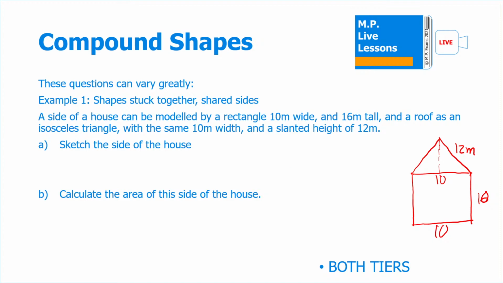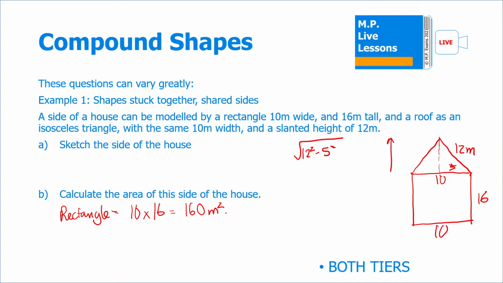So the area of this rectangle is easy. So that's just 10 times 16, the length times the width, that's 160 square meters. But for the triangle, you'll have to use a bit of Pythagoras again. Which gives you a vertical height and it's 5 squared because you got half of this length here.